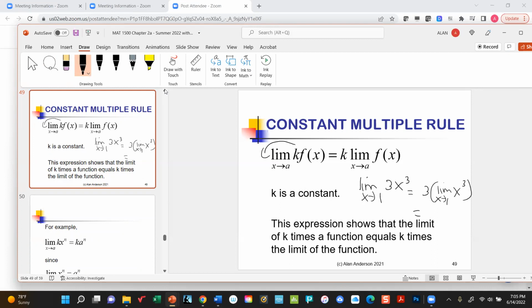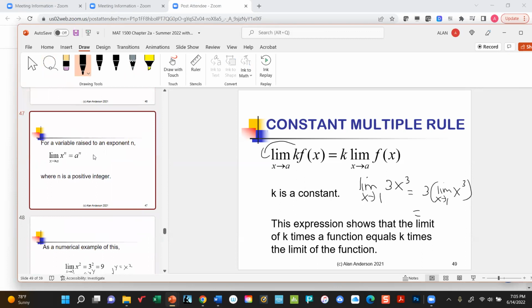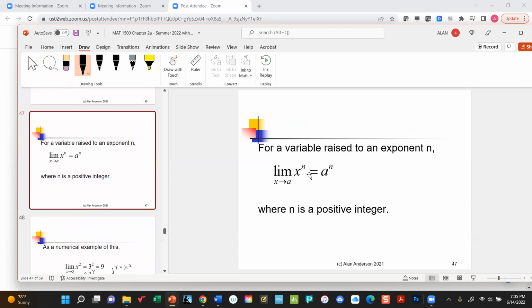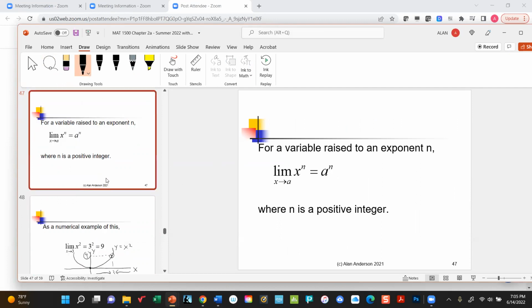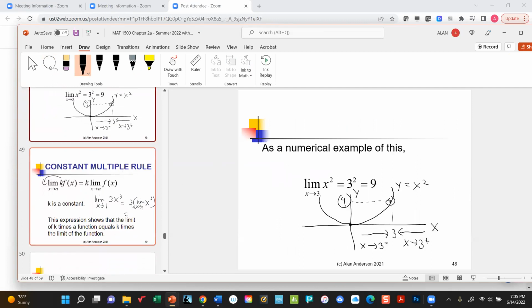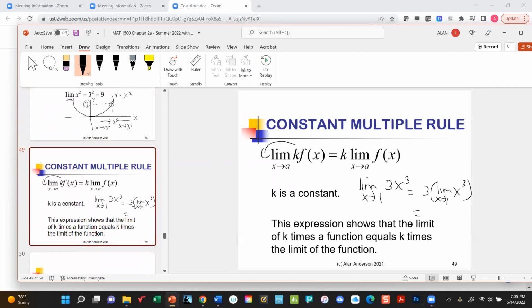And now here, because this is x cubed, we can follow this case, x cubed would have a value of a to the 3rd power. So we'll end up with 3 times 1 cubed, or just 3. So the constant is just something that we can move outside of the expression and evaluate at the end.